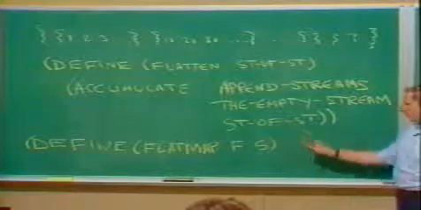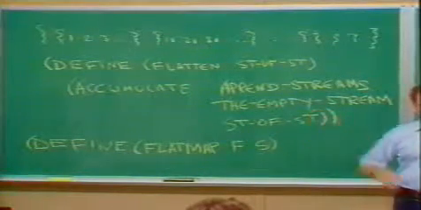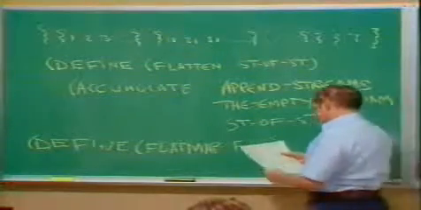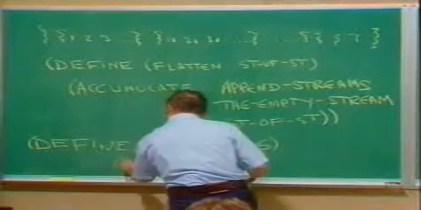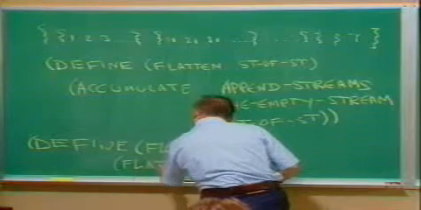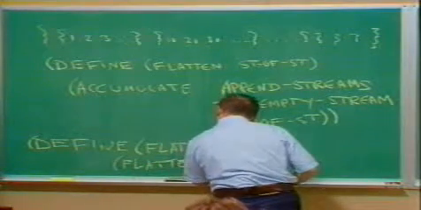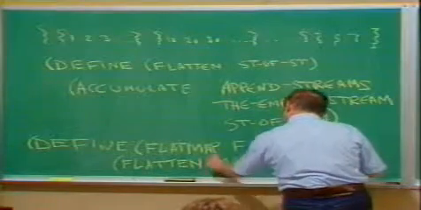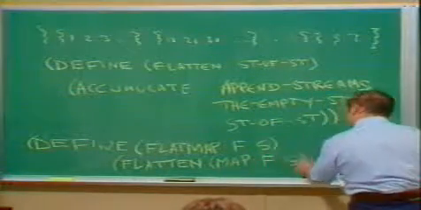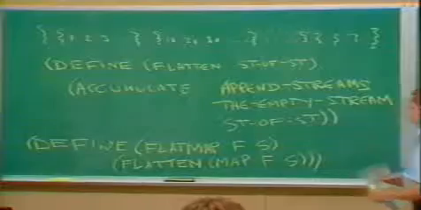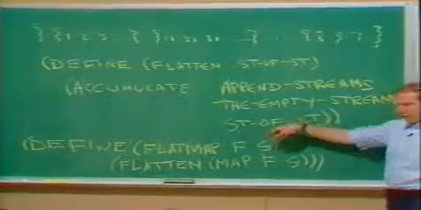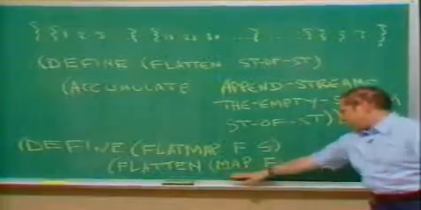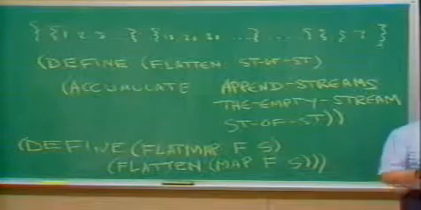And what I want to do is take all of the elements in all of those streams and combine them together. So that's just going to be flatten of map f down s. Each time I apply f to an element of s, I get a stream. If I map it all the way down, I get a stream of streams, and I'll flatten that.